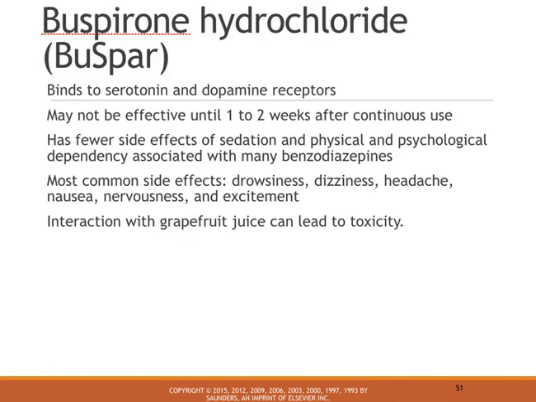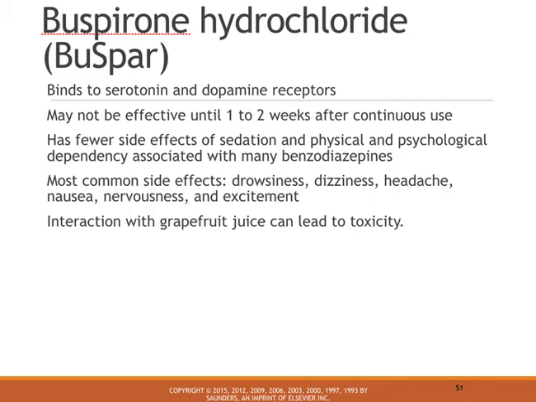And then there's just one other anti-anxiety medication I want to touch base on, and that's Buspar. Buspar is an anti-anxiety medication, but it's different because it binds to both serotonin and dopamine, and it takes 1 to 2 weeks for it to become effective. It does have fewer side effects, which is a bonus.